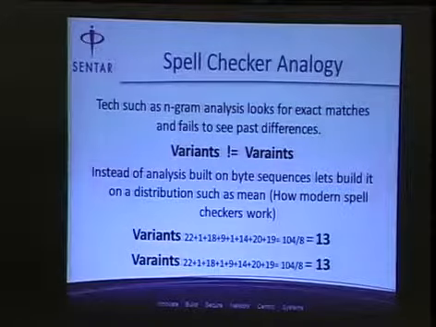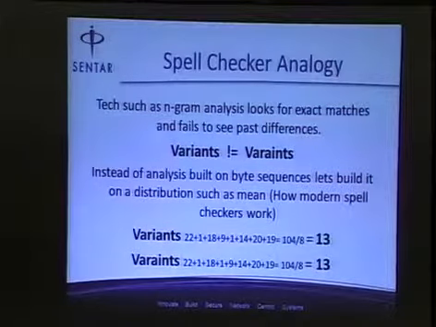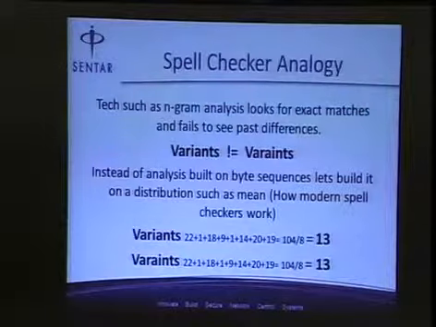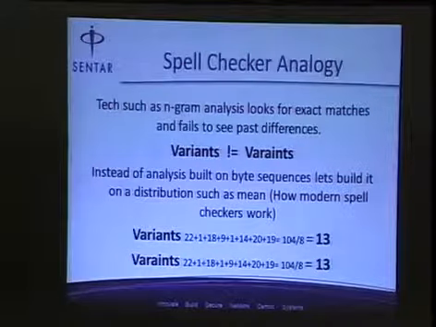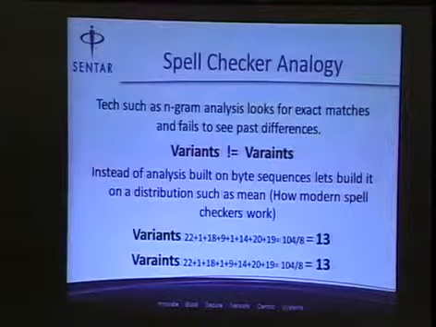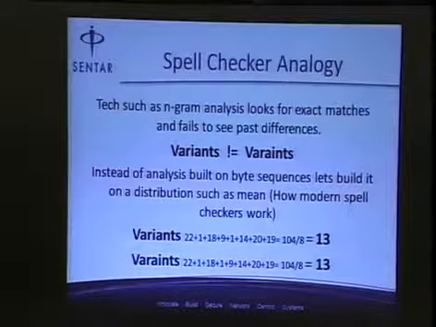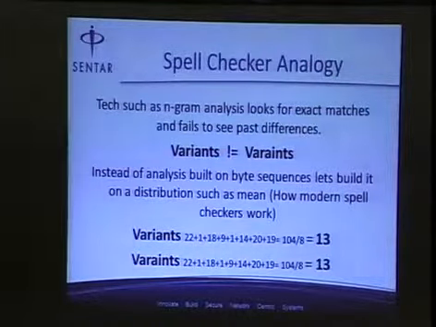So, a little analogy. So many people have told me, you spelled variance wrong. Yes, I spelled variance wrong on purpose. All of us have heard of n-grams. It fails miserably, and there's a reason. It can't look past small differences like that. But spell checkers do it all the time. One of the ways they do it is they look at the mean of the misspelling of variance.